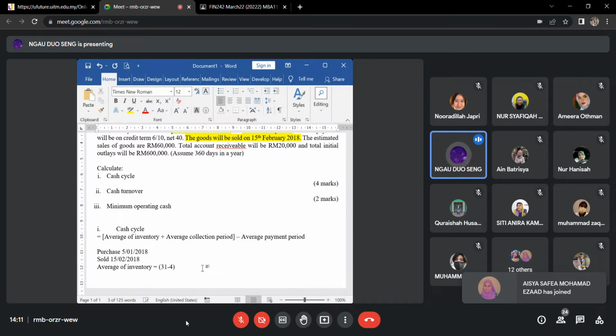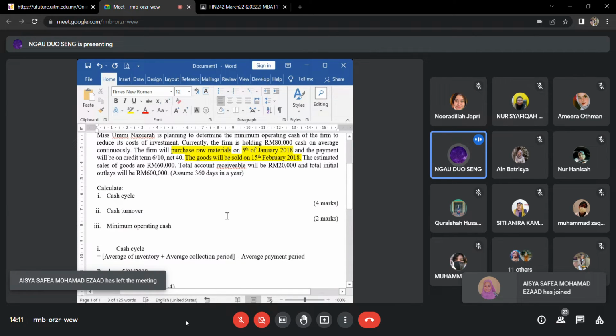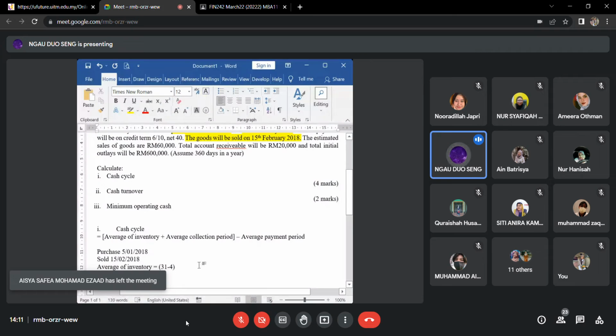So, but I want to... supposedly we have to subtract 4. Sometimes I worry that in the exam they subtract 5, so it will be 1 day less. Because it's objective, I'm not sure whether they will subtract 5 or 4.